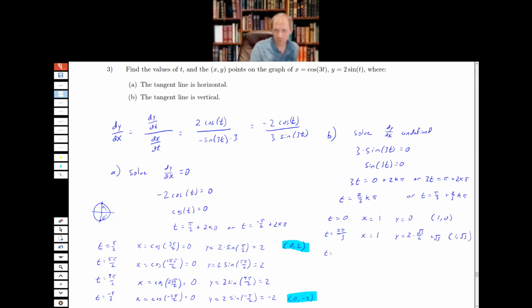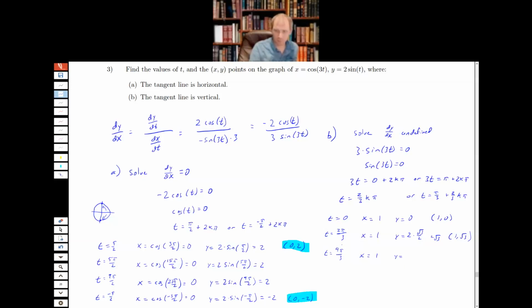Okay. So now let's look at what happens when k is 2. Then we're going to have a 4 pi over 3. Okay. So x is cosine of 3 times that. 3 times 4 pi over 3 is 4 pi. Cosine of 4 pi is 1. Okay.